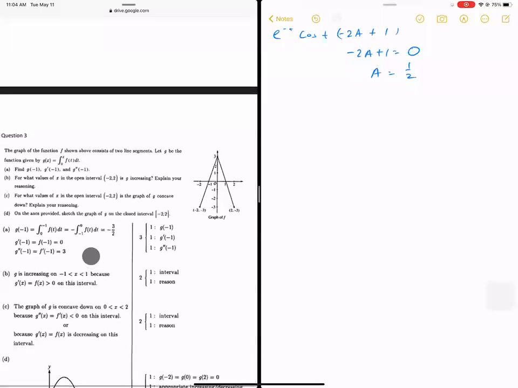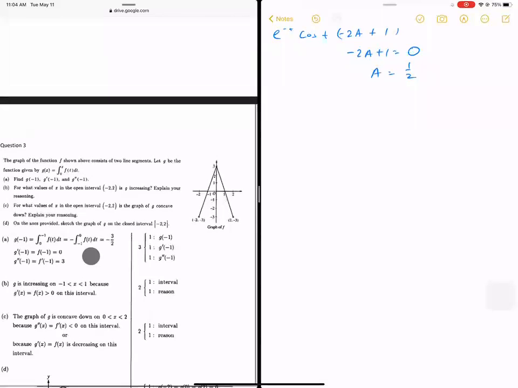Okay, the graph of the function f is shown above to have two line segments. Let g be the given function, and that's just the integral between 0 to x. Now, all these types of questions that look like this are kind of annoying because they show you from negative 2 to 2.